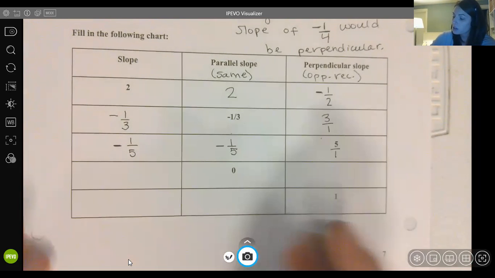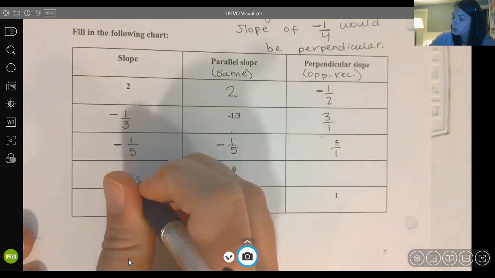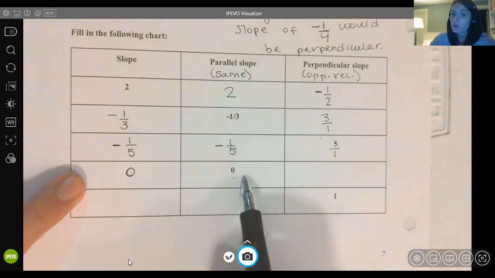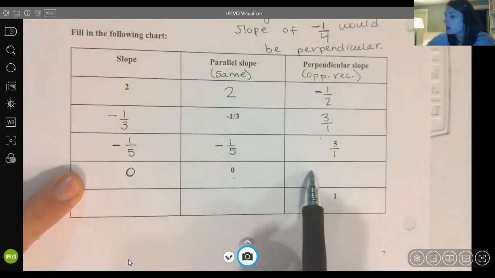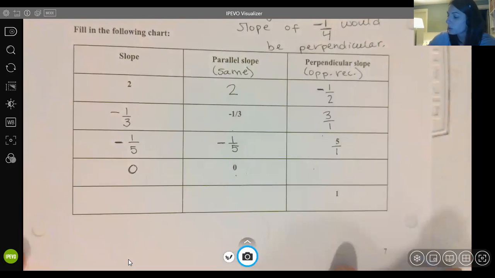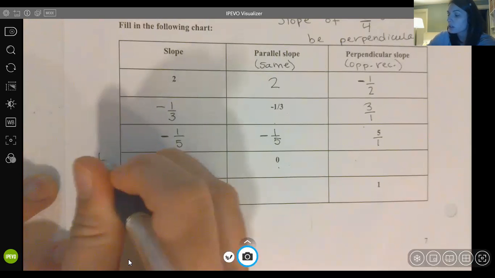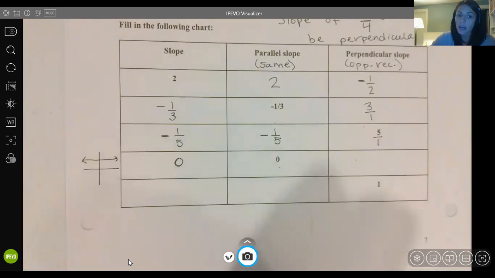If my slope is 0, then my parallel slope is 0, and my original slope is 0. Now this one's a tricky one. What's my perpendicular slope? My 0 slope, remember, is a horizontal line on my graph. And 0 slope means zeros in the numerator. If I flip that reciprocal, now zeros in the denominator, and I can't divide by 0.